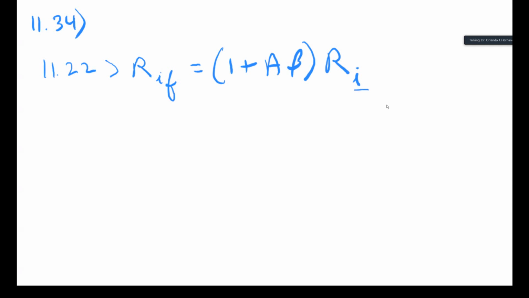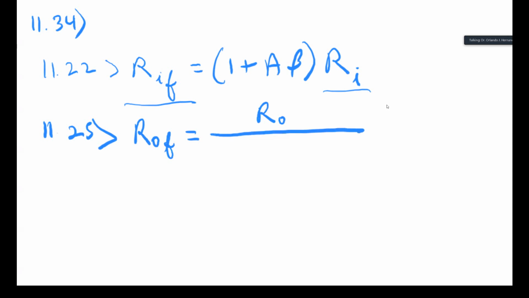So this is open loop, this is the closed loop. So that is for the input resistance. And then the other one, 11.25, from the book, is for the output resistance. The closed loop output resistance is going to be the open loop output resistance divided by the amount of feedback.